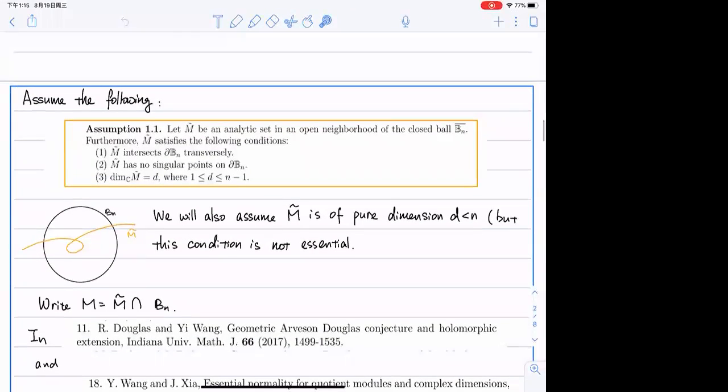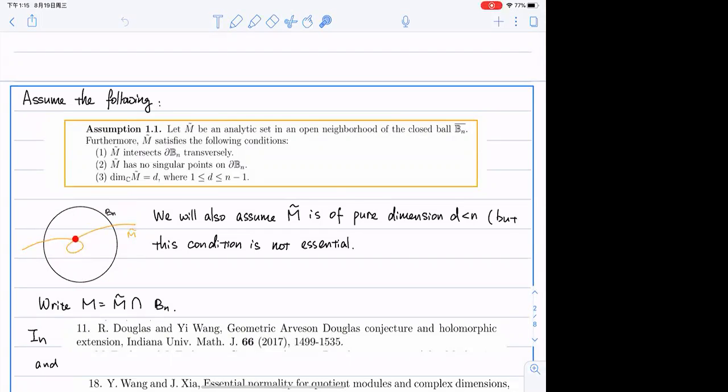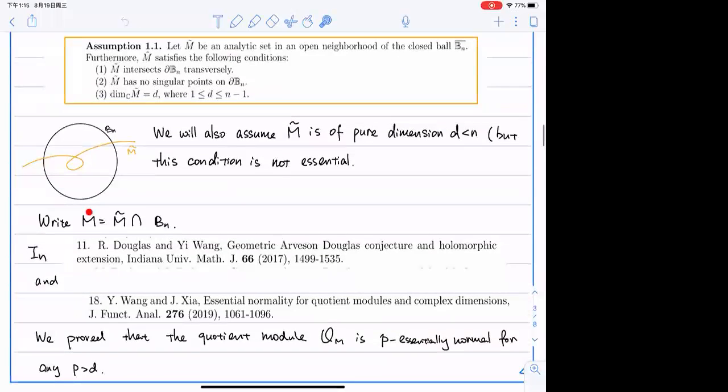So this is the picture in mind. This is the unit ball. Your variety could have some singularity inside the ball, but not on the boundary. You define M to be the intersection of this whole analytic set with the ball.